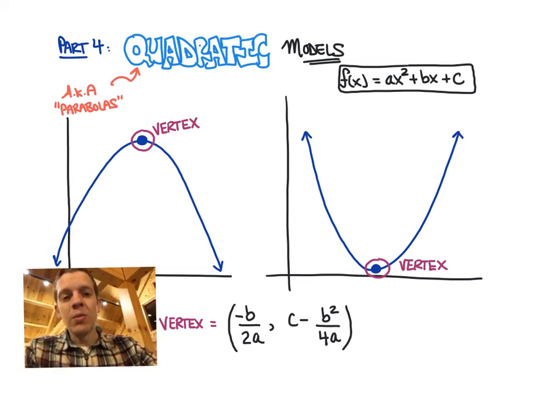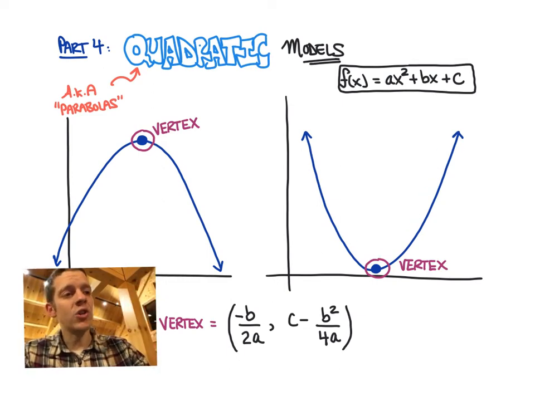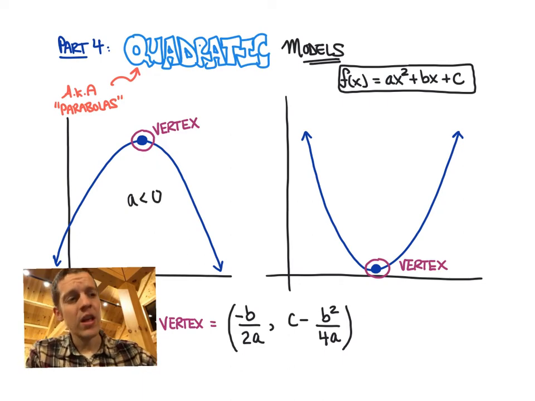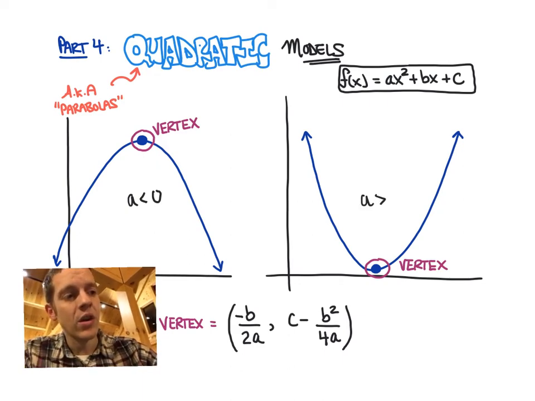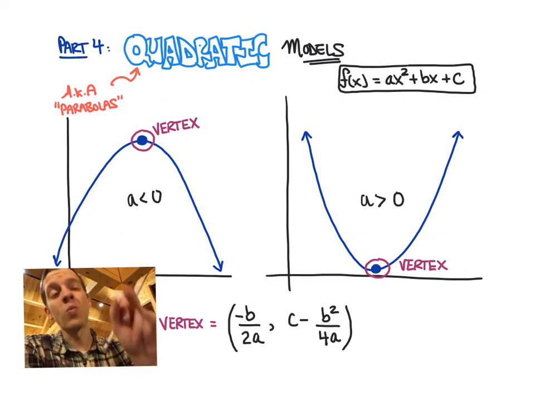And parabolas can either be downward facing or upward facing. They'll be downward facing if that first constant there, the a, is negative. So if you have a negative a, you're going to have a downward facing parabola. If you have a positive a, you will have an upward facing parabola. Nonetheless, in our applications, which we'll see on the next slide, it's super important to determine where that vertex is.